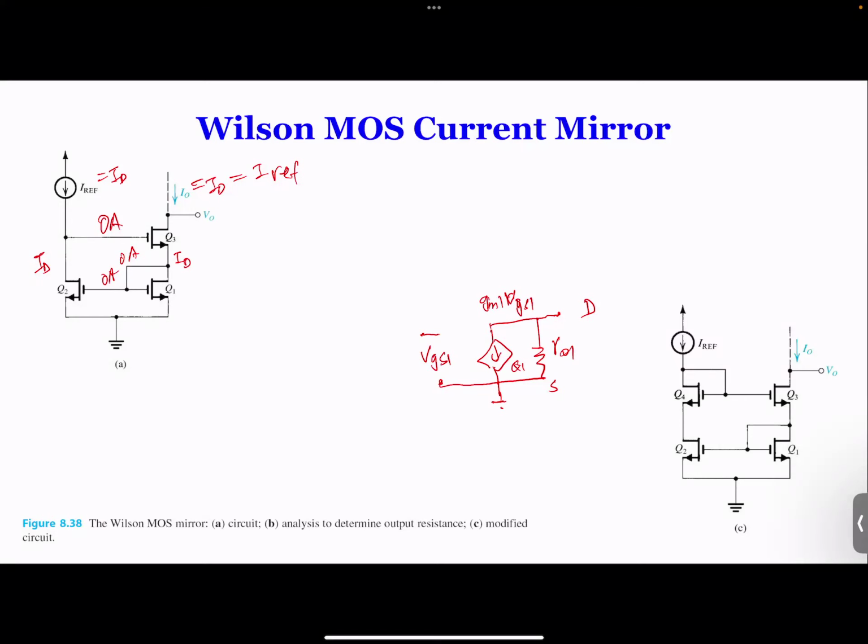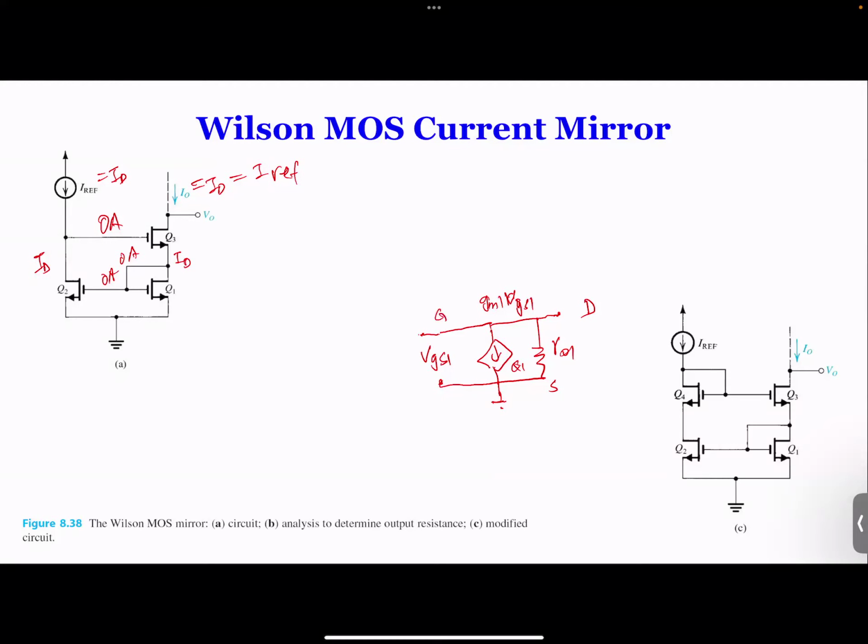Where is the gate connected? The gate is actually connected to two things. One is to the gate of Q2, but the other one is connected to the drain. So let's connect to the drain. Right? The gate is connected to the drain, so this is the gate. But the other one is connected to Q2.